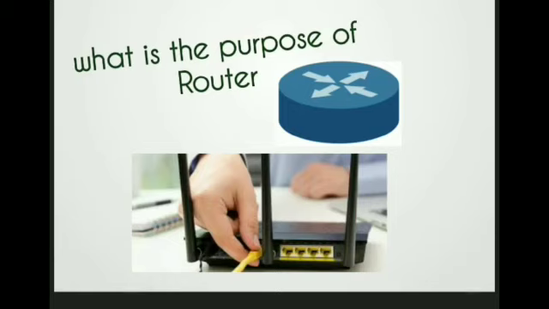I need to send that through a router. So this is called routing, and the device is a routing device. A router is also commonly called an IP router, and it routes packets from one network to another network, meaning in the router the data is in the form of packets. So this is about the purpose of a router.